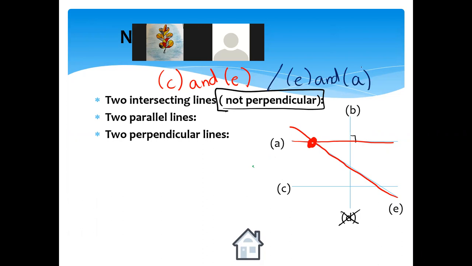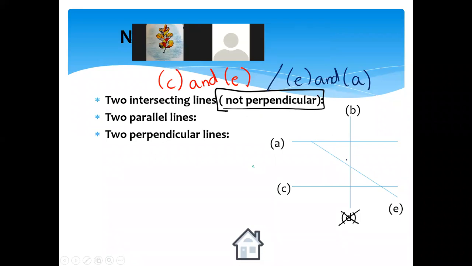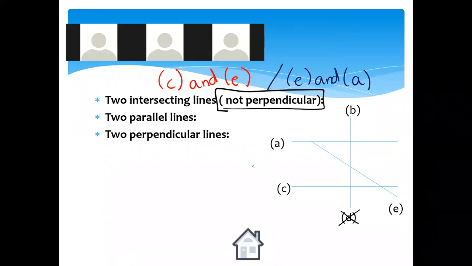Leia, now name two parallel lines. Here the electricity went off. Leia, name two parallel lines. The E and the A. No, E and A we said are intersecting. Intersecting lines are not parallel.